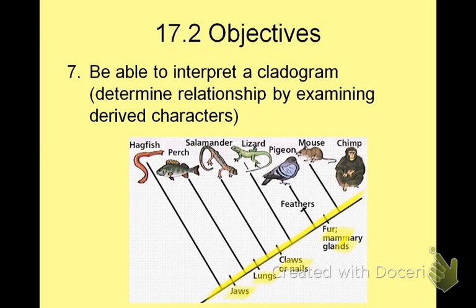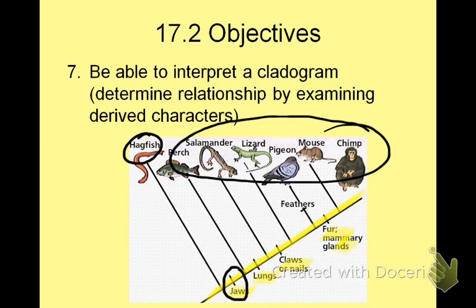So first we have jaws, and the lack of a jaw makes the hagfish unique from everybody else. Every other organism in this cladogram has jaws except for the hagfish. So we put jaw right here between the hagfish and the rest of everybody.